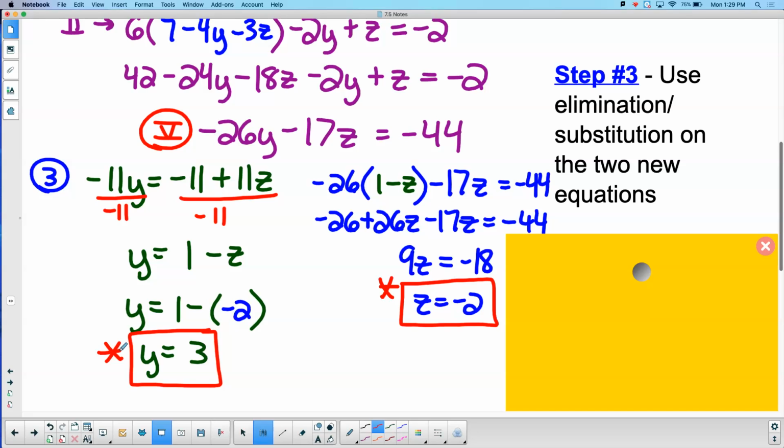So we have y and z, yes? Okay. So now we just need x.